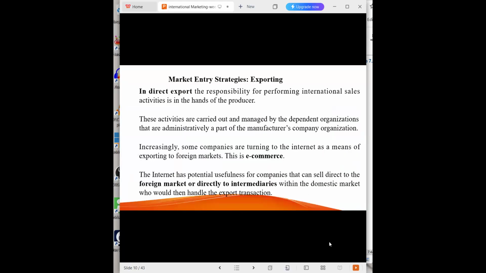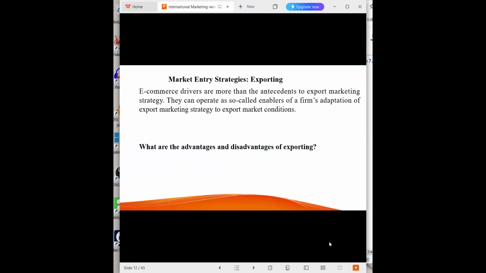Okay, so now we're going to look at licensing. Although, before that, we have the advantages and disadvantages of exporting. I wanted us to go into licensing, but we just have a few minutes more. But before we do that, let's hear the advantages and disadvantages of exporting from us.